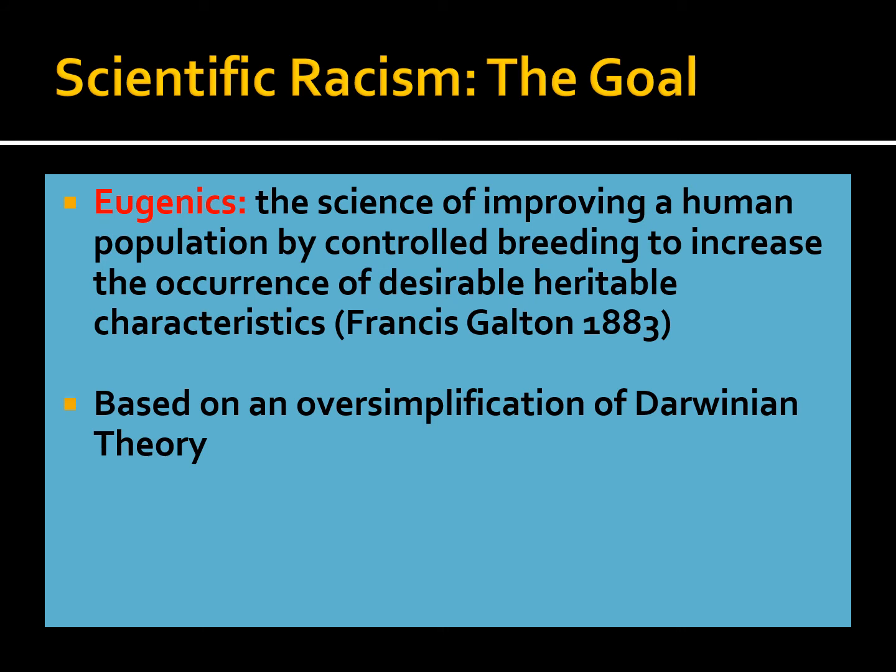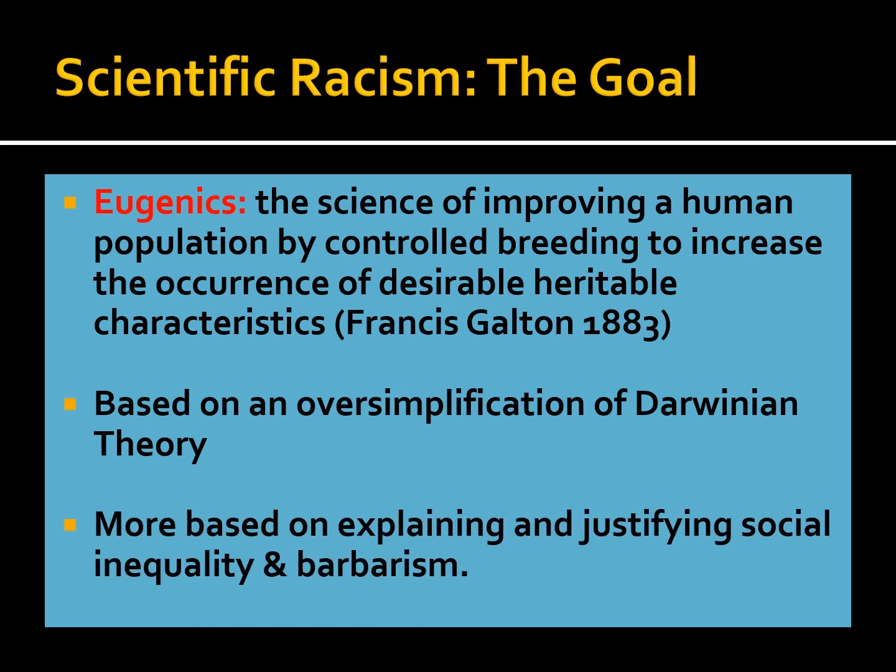And this is really based on a gross oversimplification of Darwinian theory, right? Because we know today, based on genetic studies, that you do not want to limit the variation that you have in your gene pool. And by selective breeding, you are essentially limiting the variation and narrowing down your gene pool, right? And having variation within your gene pool makes you more adaptable to the environment, and it also makes you more able to respond to genetic disease.